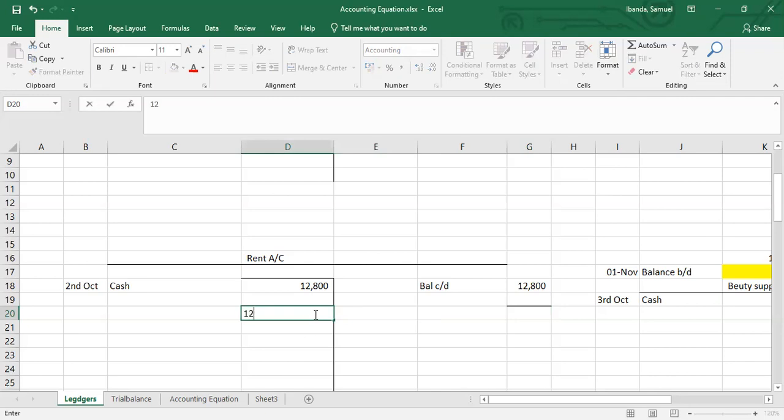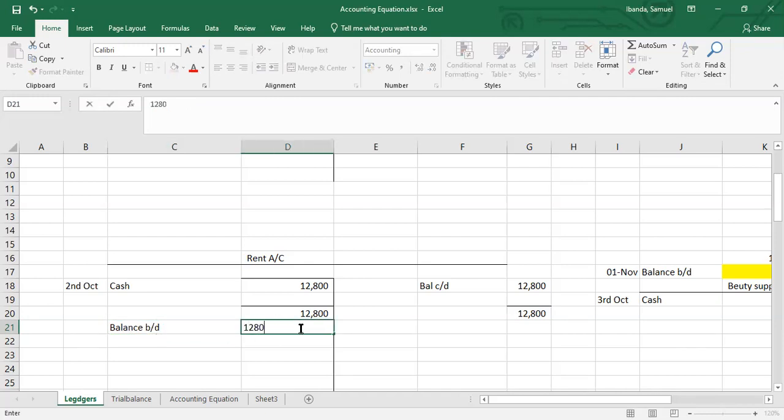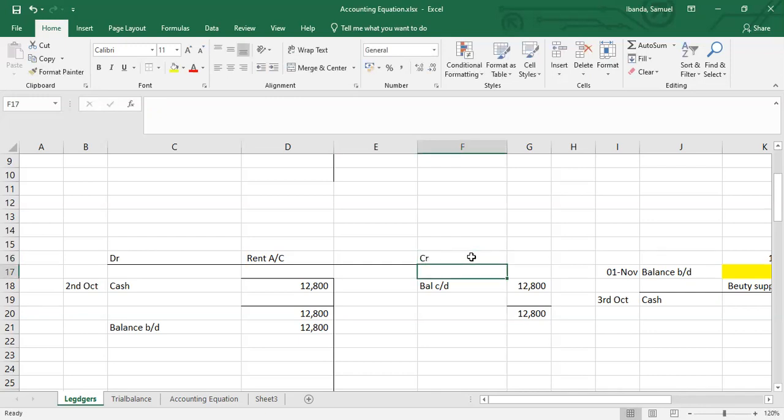So here I have trade of 800, and here I also have trade of 800. So then I'll have my balance brought down of the same value, like that. You get it? Yeah, that is what I basically do have. Remember, this is my debit, this is my credit. These are some of the things that I add even at the last moment when I remember. Anything I remember, I add.